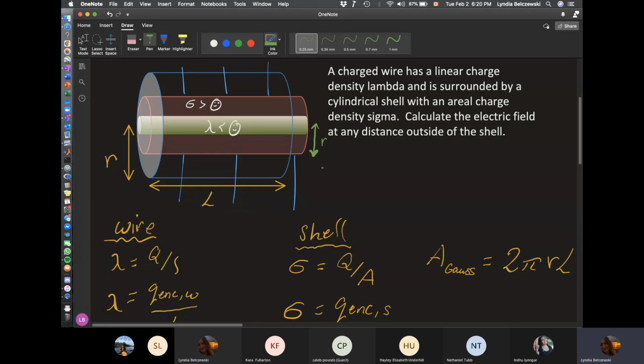That lowercase r, representing the radius of the Gaussian surface, can be any length as long as it's outside of the cylindrical shell, as far away as you want. So depending on the value of r, we can calculate the electric field at any distance outside of the cylindrical shell.